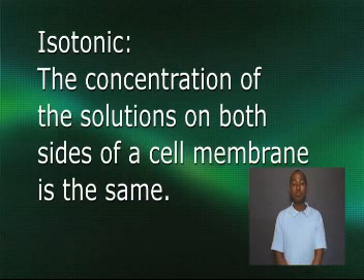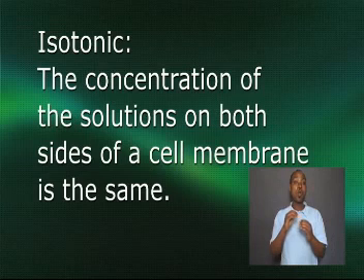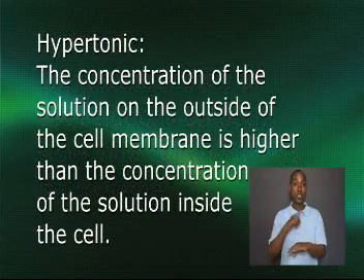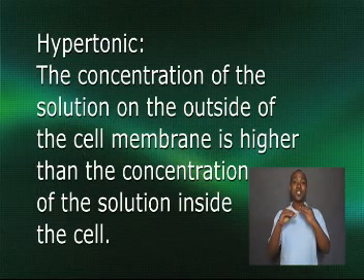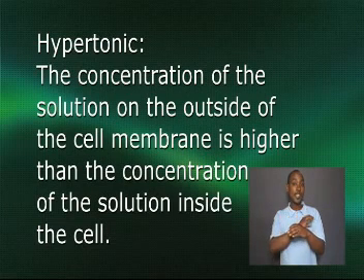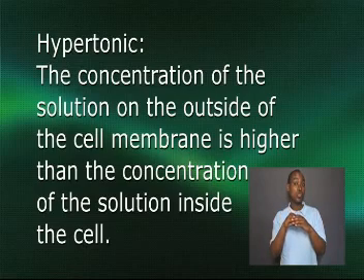If the concentration of the solutions on both sides of a cell membrane is the same, they are isotonic. If the concentration of the solution on the outside of the cell membrane is higher than the concentration of the solution inside the cell, it is hypertonic.